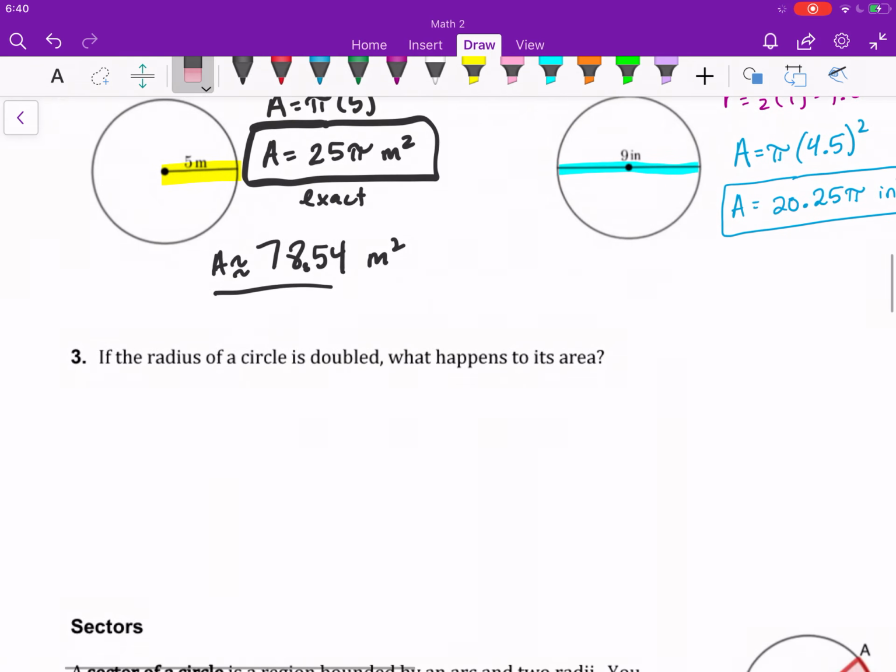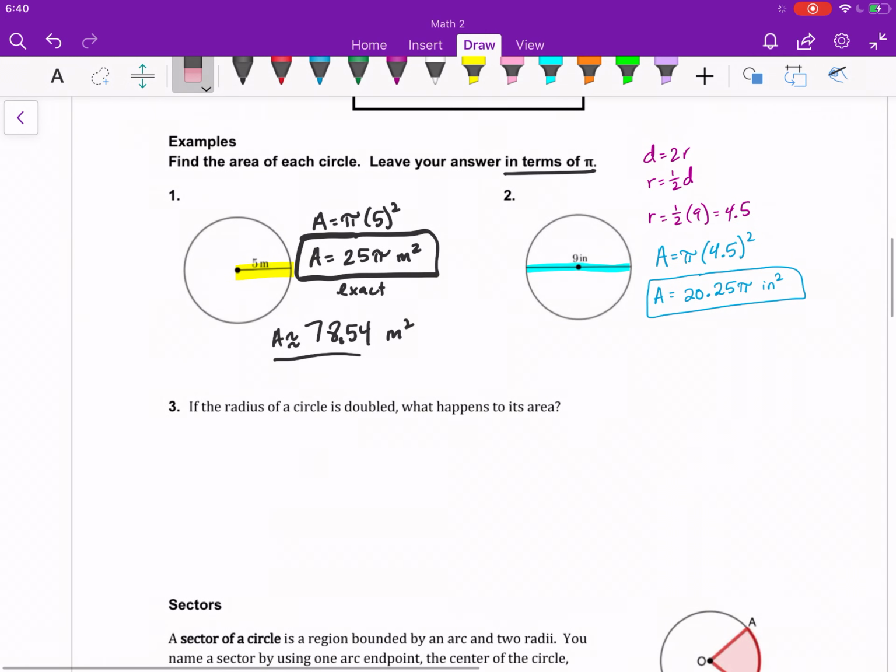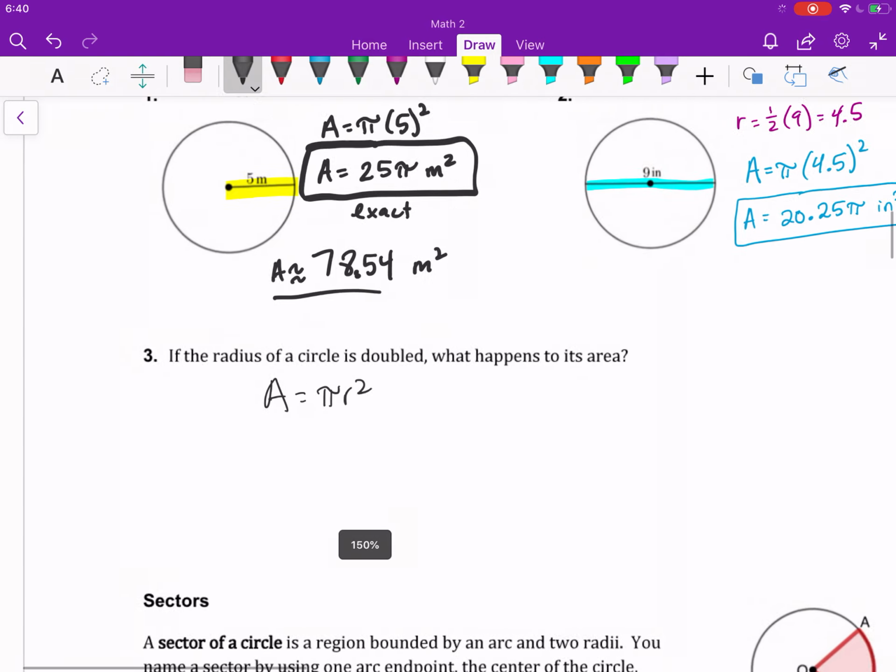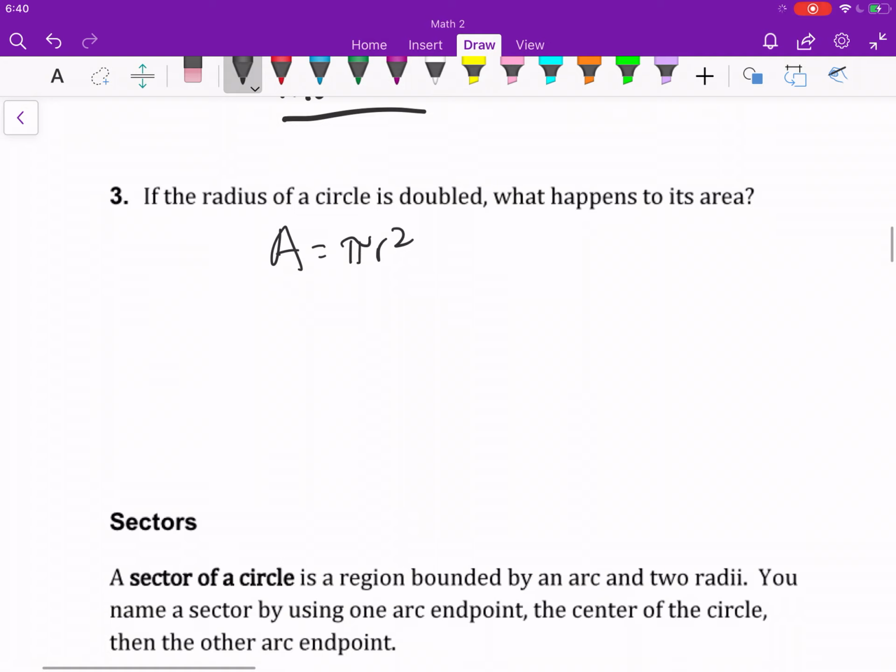This one's an interesting question related to area. Remember, area is pi r squared. If the radius of the circle is doubled, what is its area?